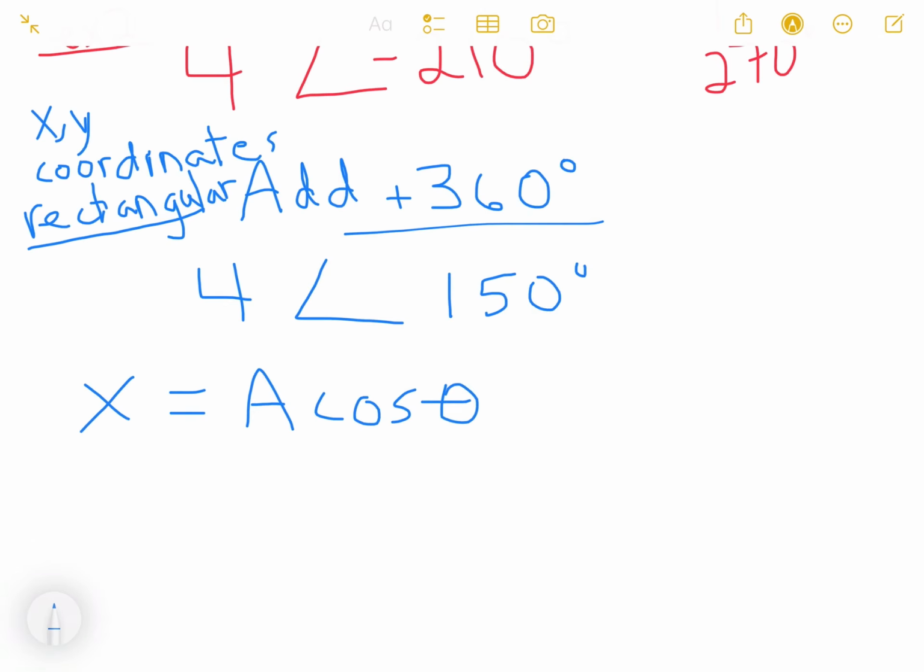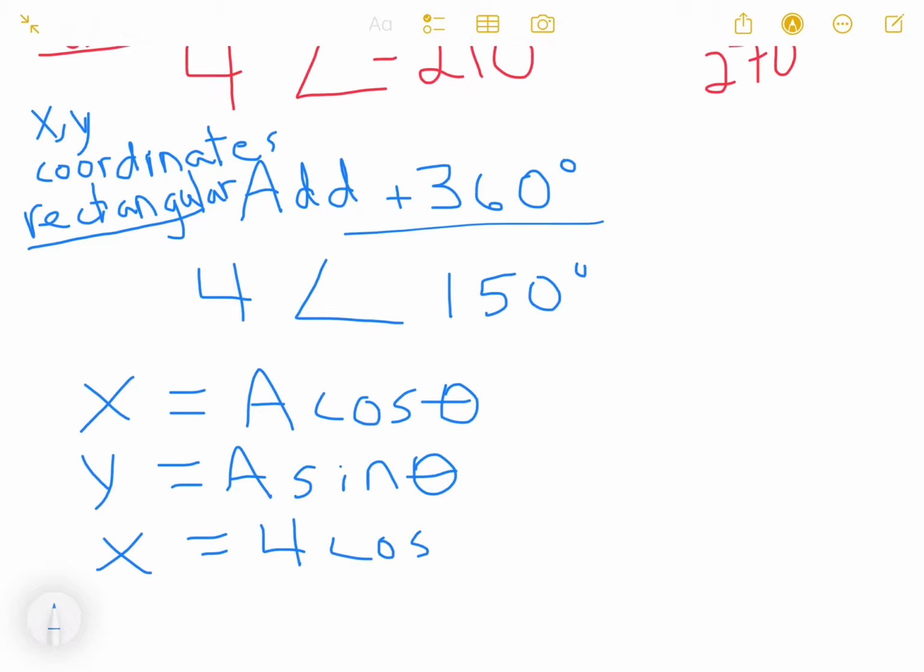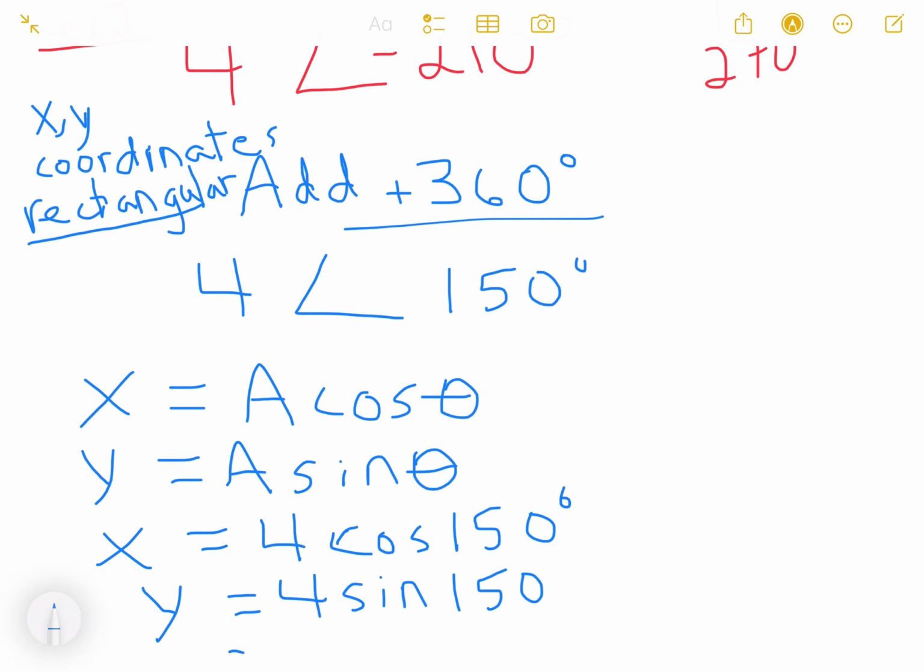And y is simply equal to a times the sine of the angle. So I have x equal to 4 times the cosine of 150, and y equal to 4 times the sine of 150. This is degrees, so I can put a degree symbol here. Make sure you calculate it in the right mode, 150 degrees for both of those.